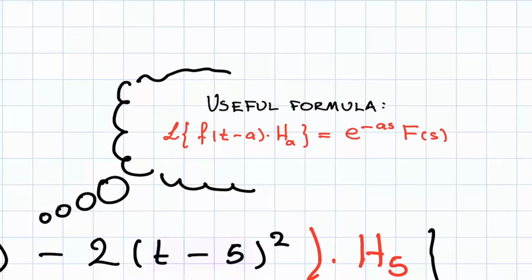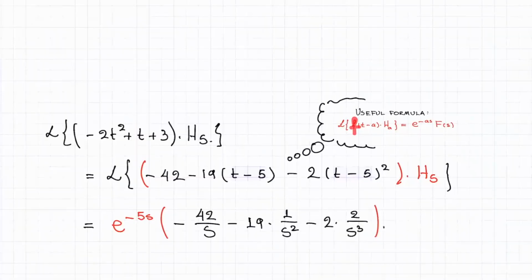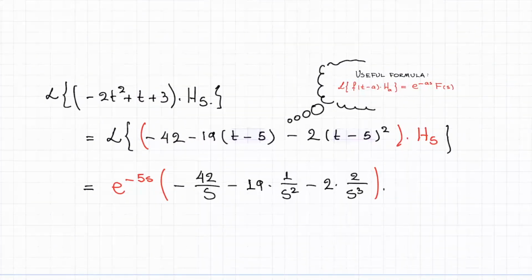The Laplace of f at t minus 5 times the Heaviside is given by e to the minus 5s times the Laplace transform of this function f, which means that this Heaviside becomes e to the minus 5s, and now I'm taking the Laplace transform of this, treating t minus 5 as my time variable. So for me, this box here is my time, t. I'm treating this as t.